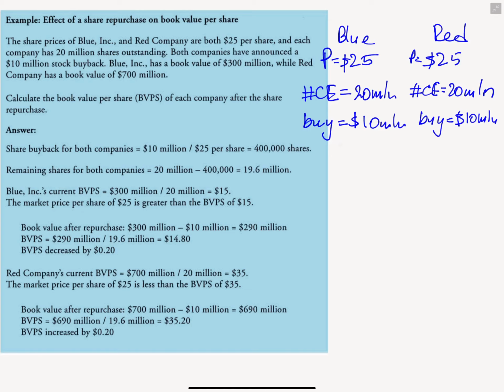Then Blue Incorporation has book value common equity of, let's say, 300 million. Red company has common equity book value of, let's say it's book value, so that it doesn't confuse.